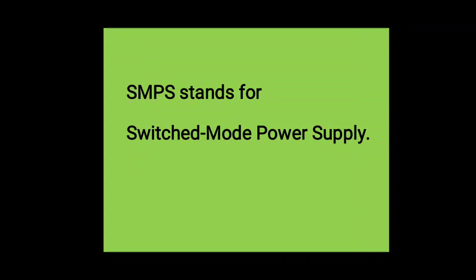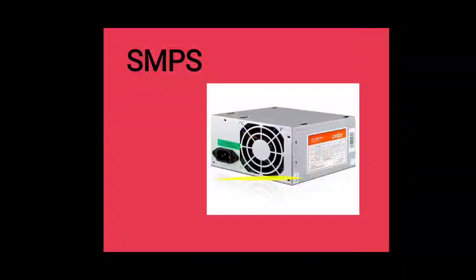This type of SMPS is used in each and every part of the CPU, and it is used in the computer mainly for reducing the heat. If you see in that picture, they will have a small fan, so for this purpose they will reduce the heat.